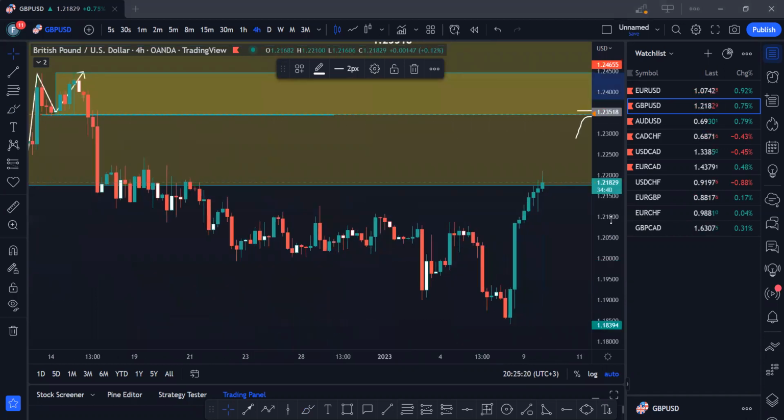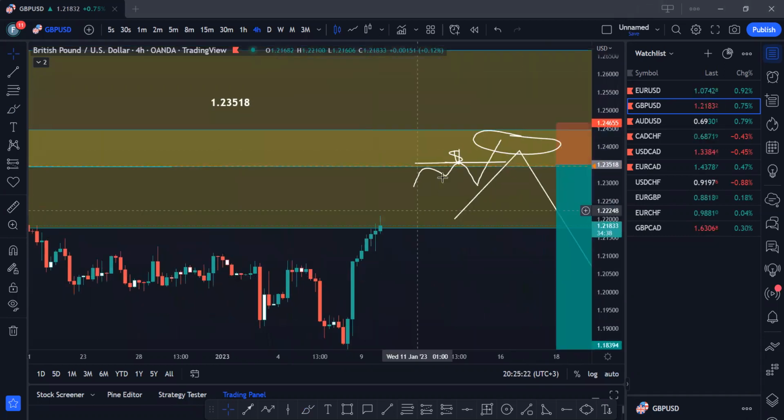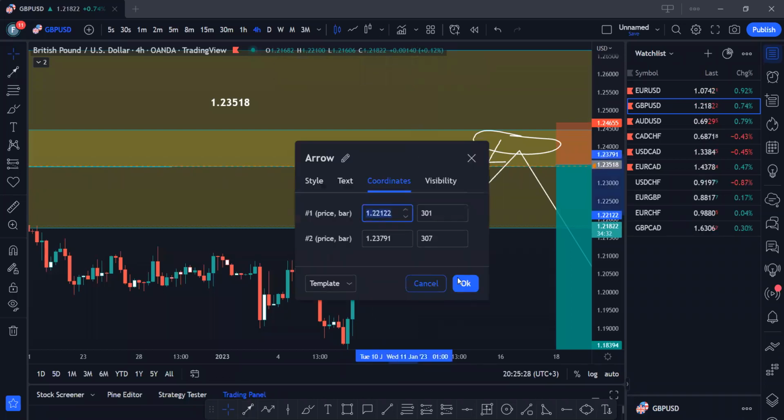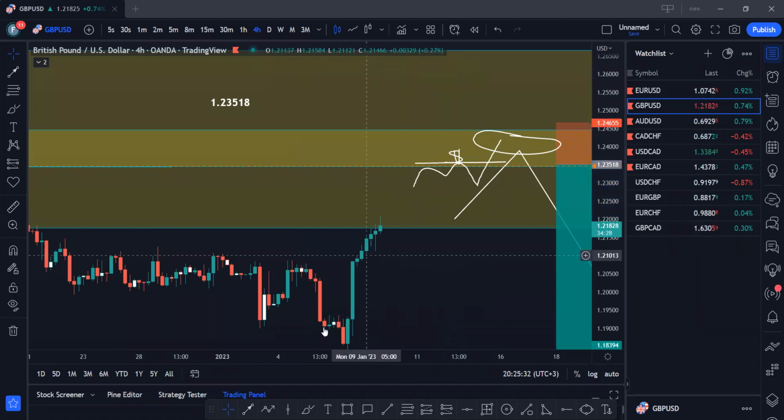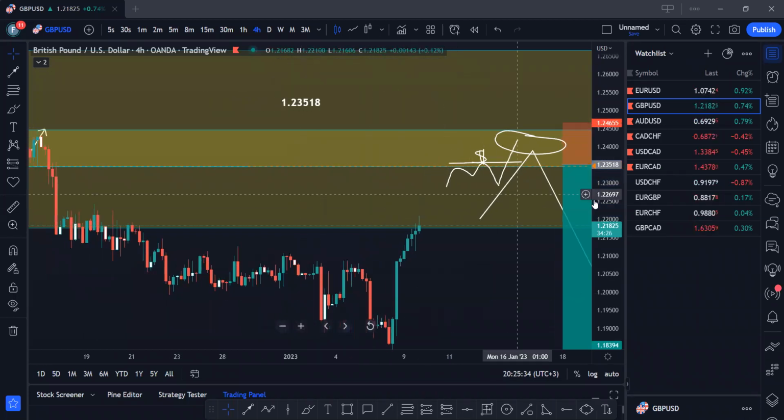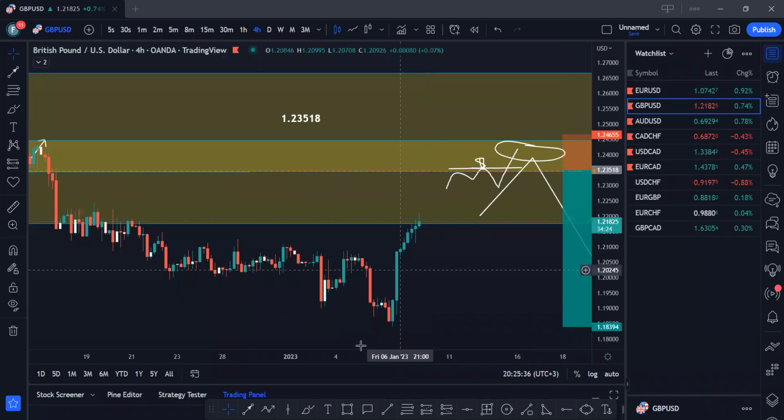Now, if price is still going to come up into the zone, there might be some bullish move on this 4-hour chart. So if for any reason in this zone you see some sort of an uptrend, like so, if price should do this, so possibly there might be a retracement and this.